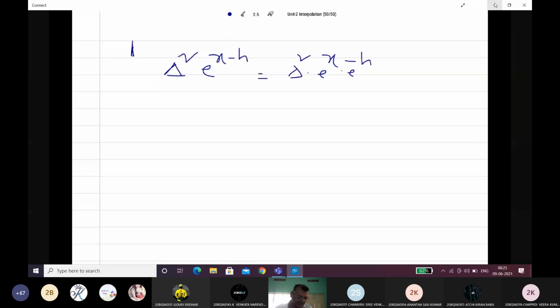Therefore, that is equal to e power minus h into delta square of e power x.